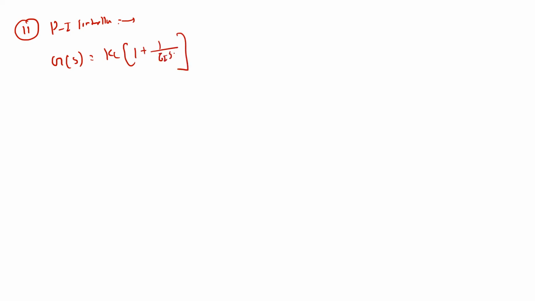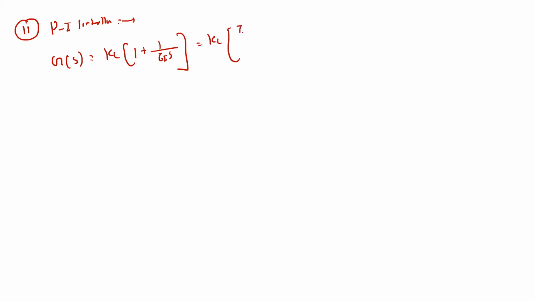Now, if I move forward towards the second one, that is the PI controller. The transfer function of the PI controller was what? Kc into 1 plus 1 upon tau I s. Is it clear?